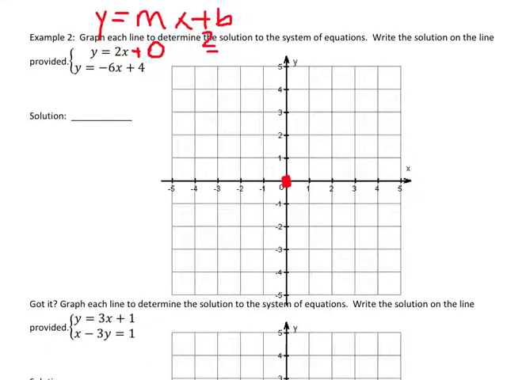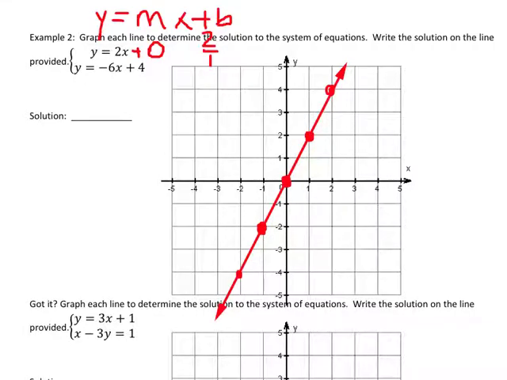So 2 over 1 tells me to rise 2 and run 1, so I'm going to the right because it's positive. I'm also going to go down 2 and left 1, and then I'm going to draw my line. Make sure you use a straight edge to do that.